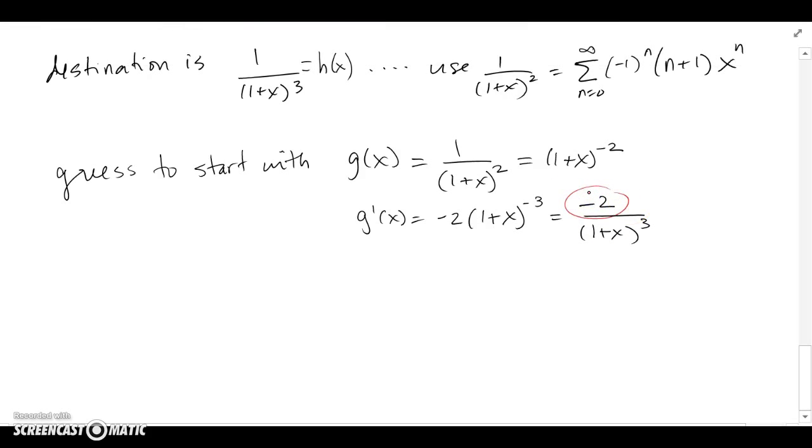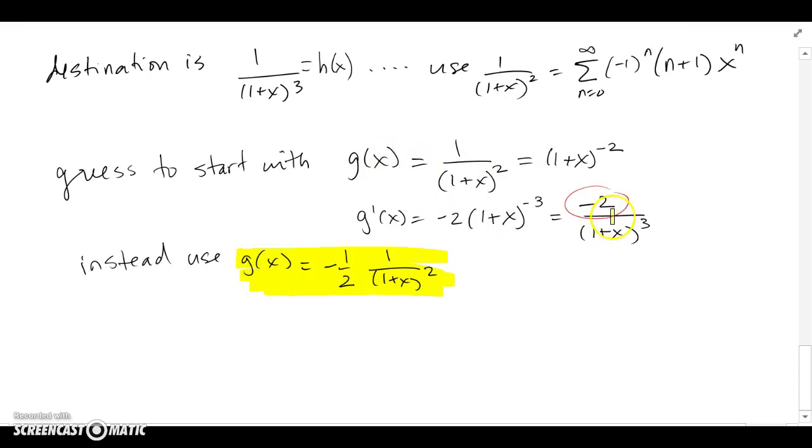So I'm going to amend my guess and divide by that -2 so that I don't have that popping up and causing issues. So again, I amended my guess, and instead I'm going to use this g of x, because when I differentiated it, I had this additional -2. I divided it by -2, or multiplied by -1/2, same thing, and that would nicely get me to my destination.